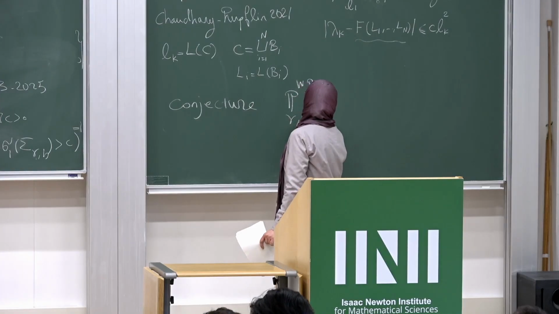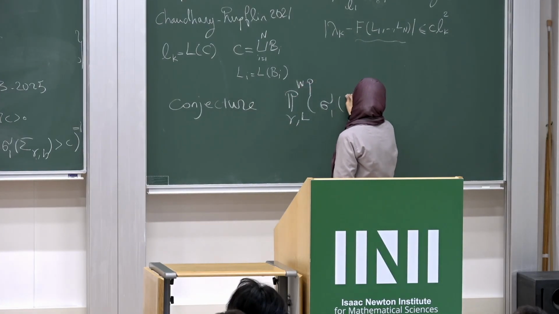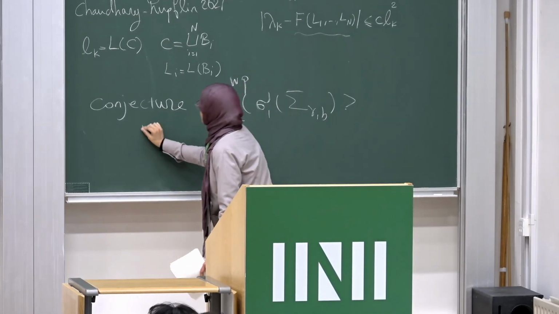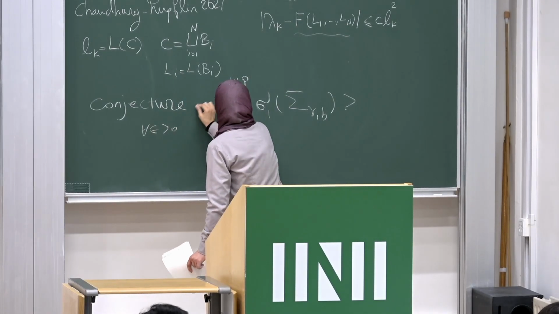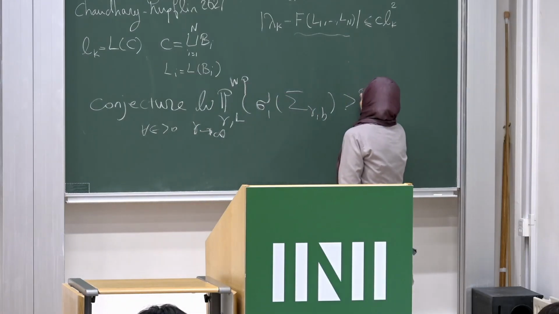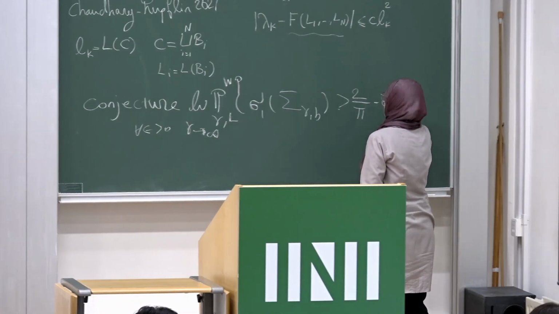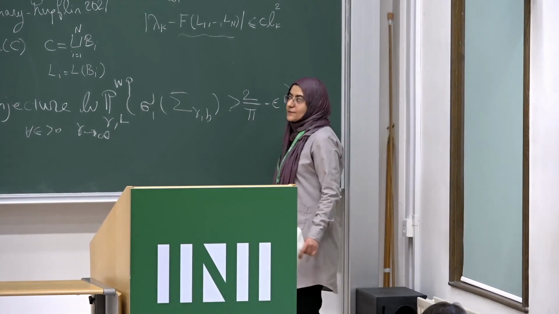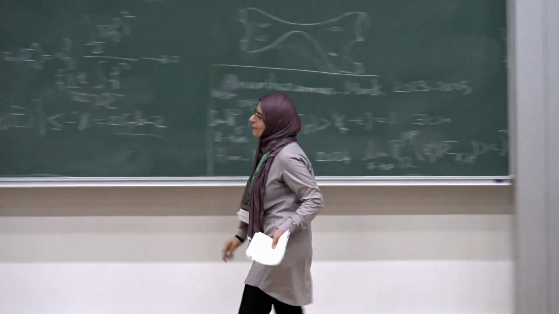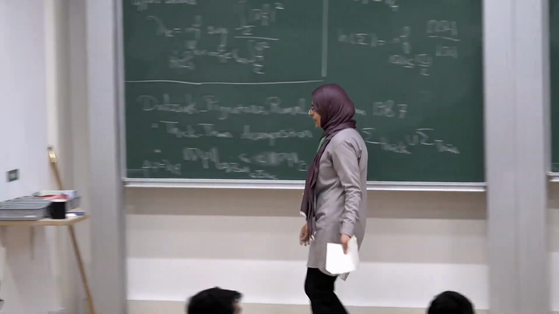And our conjecture, so I end with that conjecture, is that for sigma 1, for every epsilon in the high genus regime, this is 1. And the optimal constant, we believe, should be 2/pi.